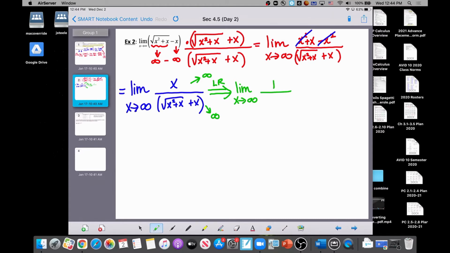Okay, now the derivative of the bottom. This is a little more complicated. So that square root of x squared plus x, here, I'm going to write it underneath it. This is x squared plus x to the 1/2 power, right?